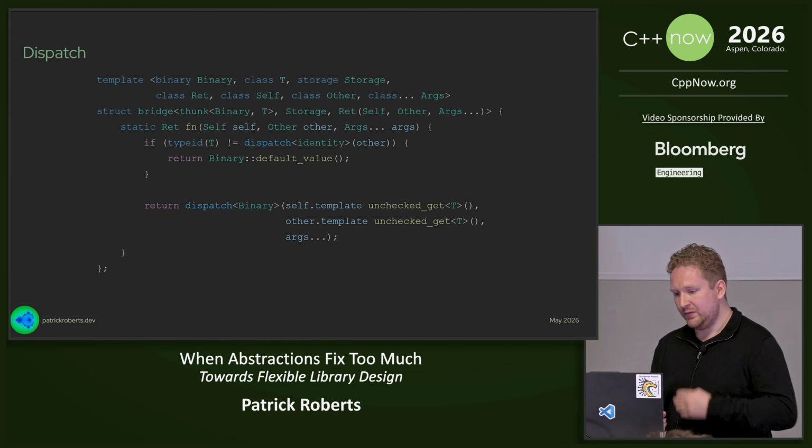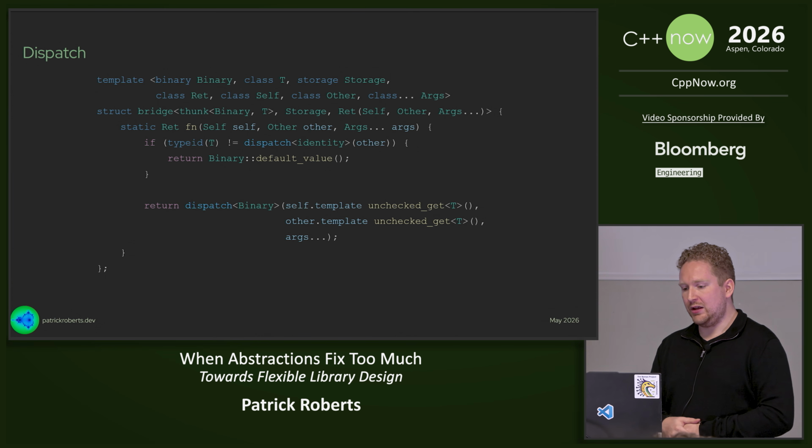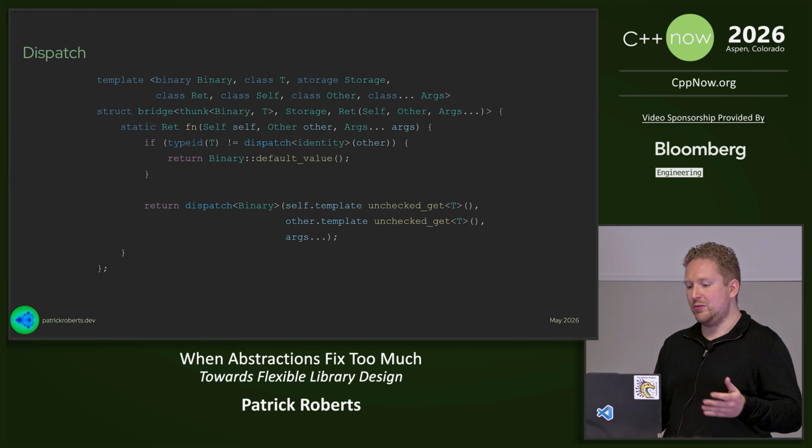But then what we do here is we dispatch on the identity capability for the other. So we're doing a runtime dispatch to figure out what that other's concrete type is that it stores. And if it's not equal, we fall back to the default value.